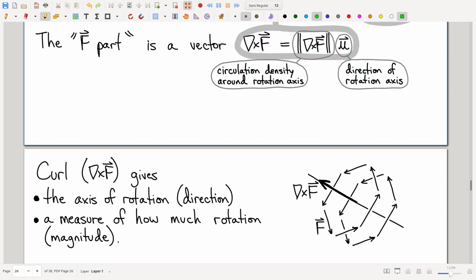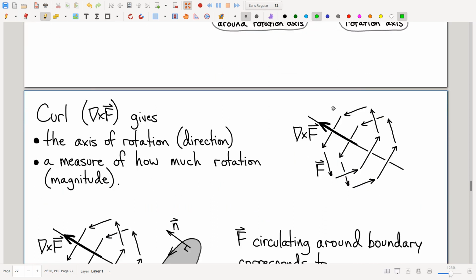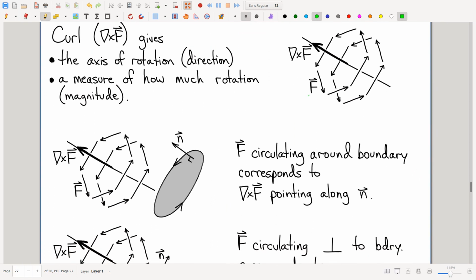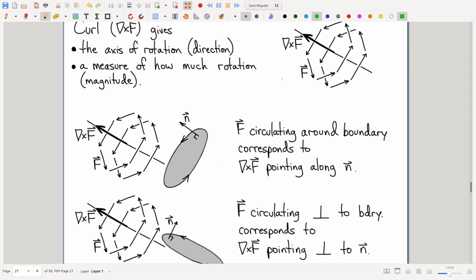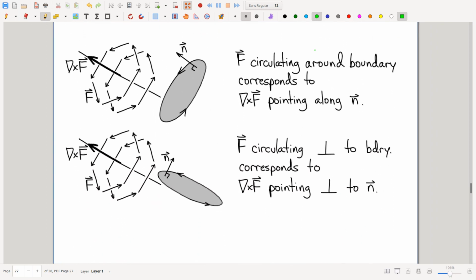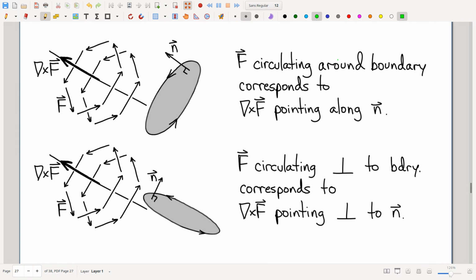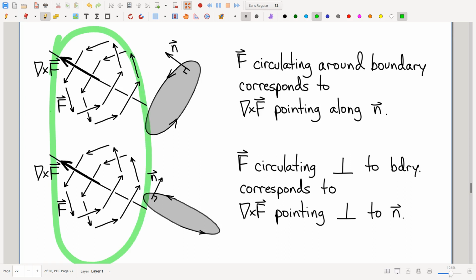All right. So real quick, just to give you a plausibility check on this. Here's a couple of scenarios. Both of these are the same vector field, just drawn twice.